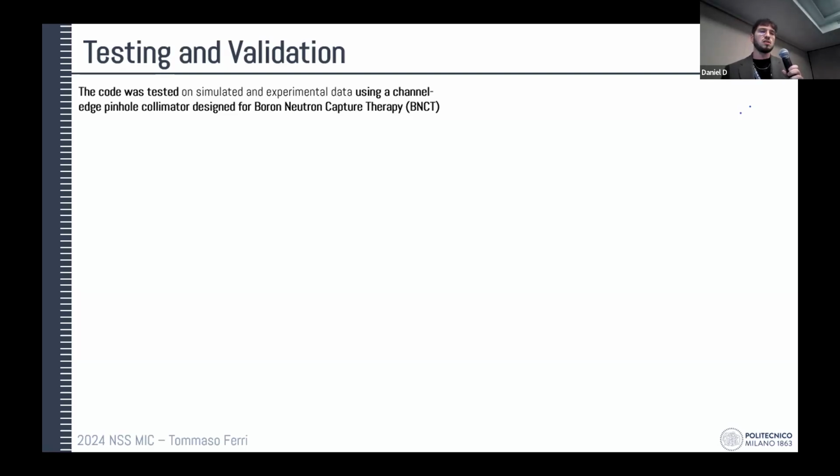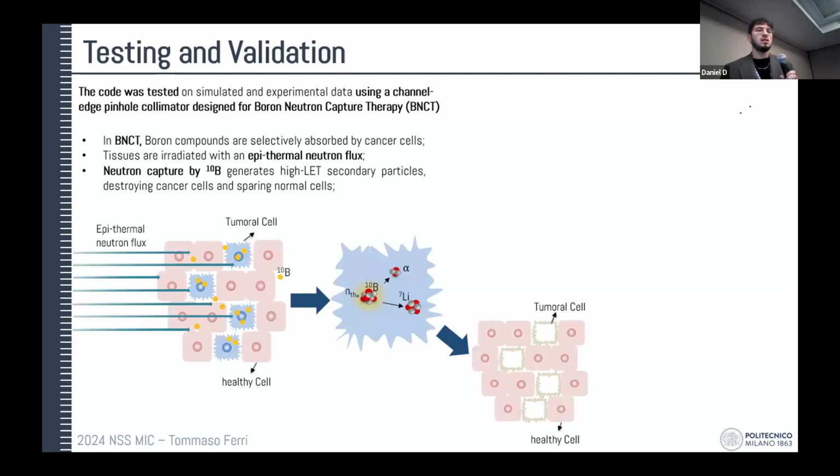So BNCT, or boron neutron capture therapy, is a radiotherapy treatment which exploits the high cross-section of interaction of a non-radioactive isotope of boron, the boron-10, with thermal neutrons. So in this therapy, boron compounds are injected to the patient. They are selectively absorbed by cancer cells, and then the patient is irradiated by a flux of epithermal neutrons.